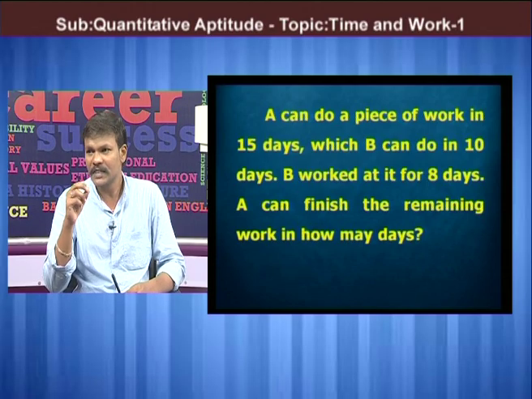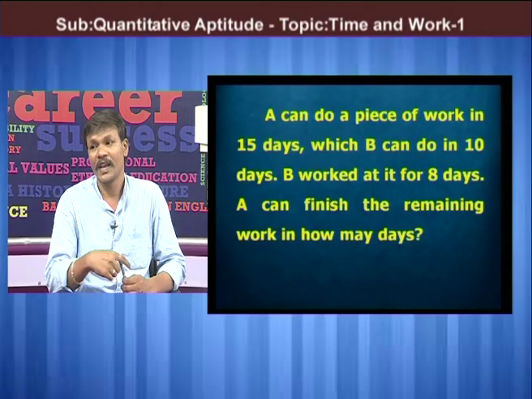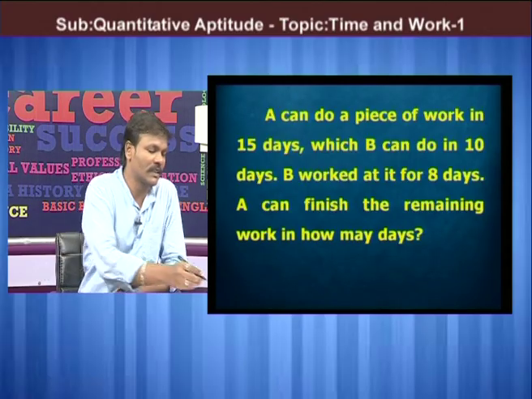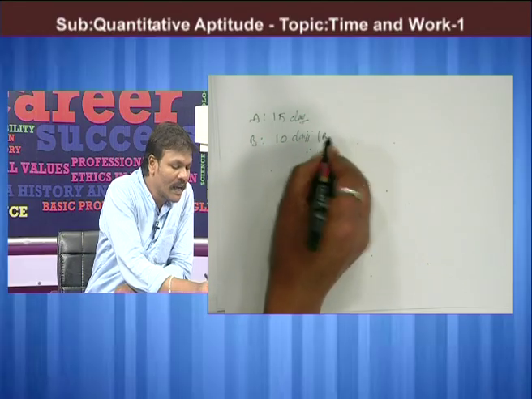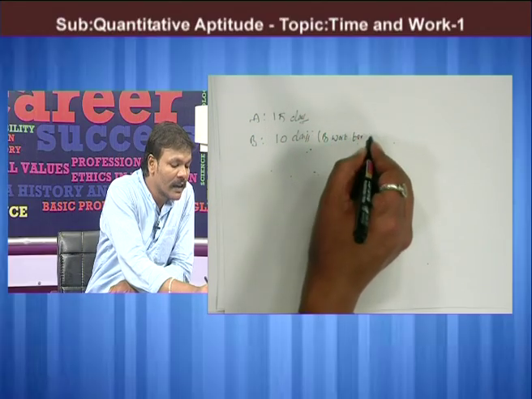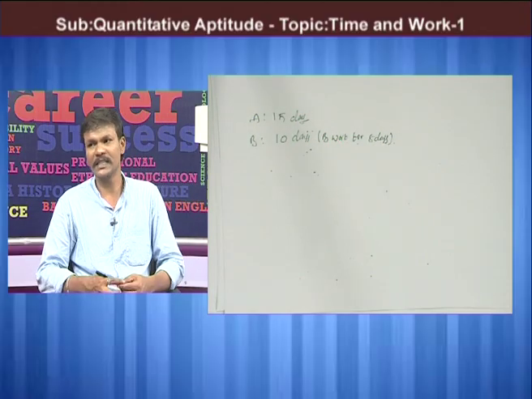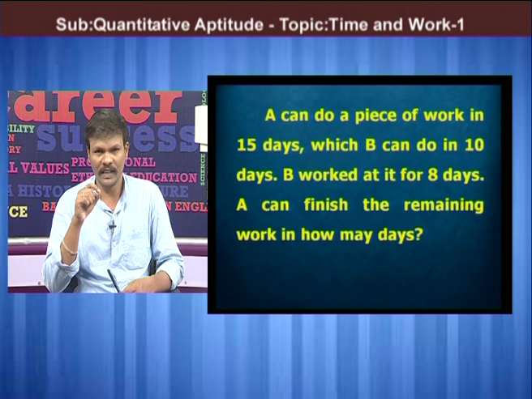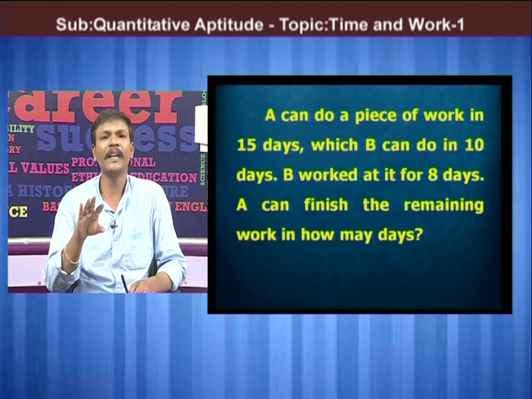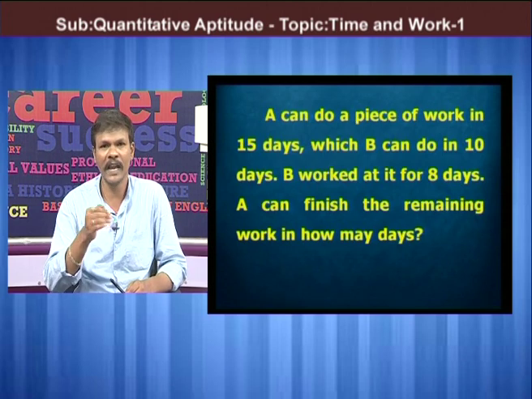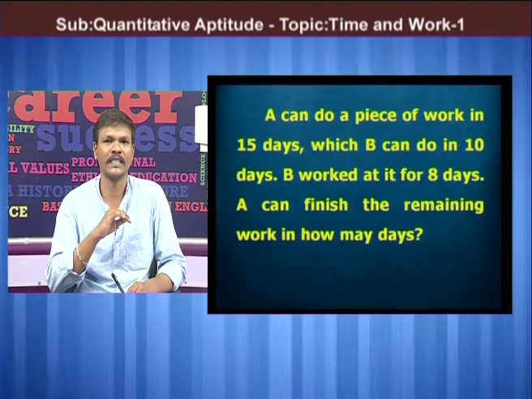A can do a piece of work in 15 days, which B can do in 10 days. B worked for 8 days. That means B alone started the work and worked for 8 days, so A is not involved for these 8 days.